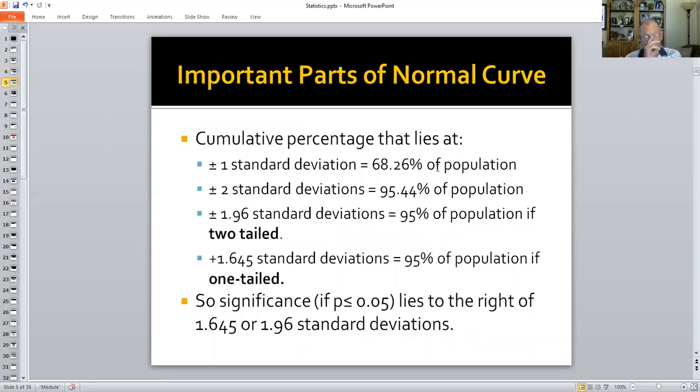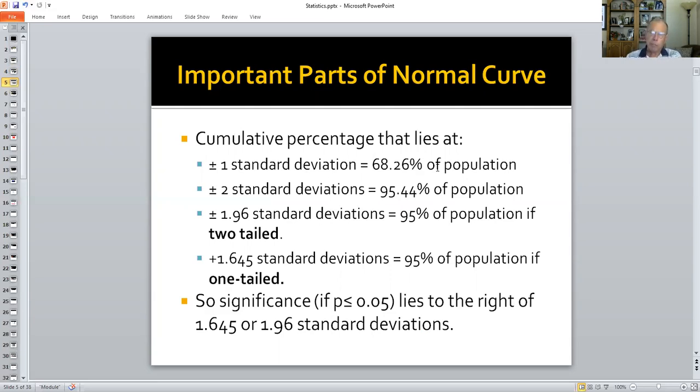So here's the important part summarized. The cumulative percentages that live under the normal curve, plus or minus 1 standard deviation, 68.26% of the population. Plus or minus 2 standard deviations, that's 95.44%, but that's too much. We just want 95. So it turns out that plus or minus 1.96 equals 95% even, right on the nose, of the population if it's two-tailed.